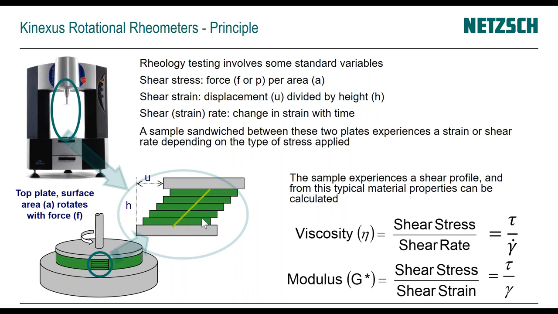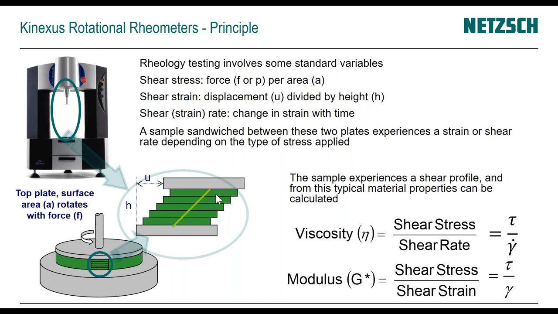And because we can't really shear two parallel plates continuously, eventually they would just fall off, we do that in rotation, which is depicted below, where we have a top plate that's rotating on the bottom plate and is actually causing that shear profile.